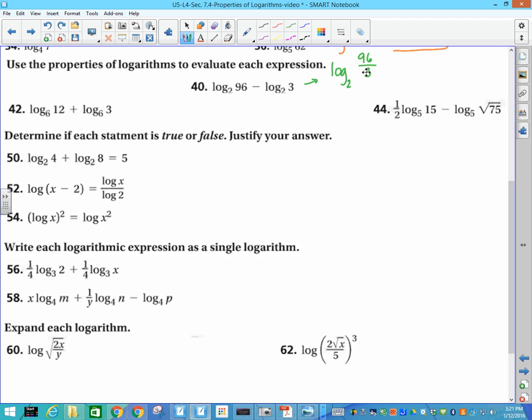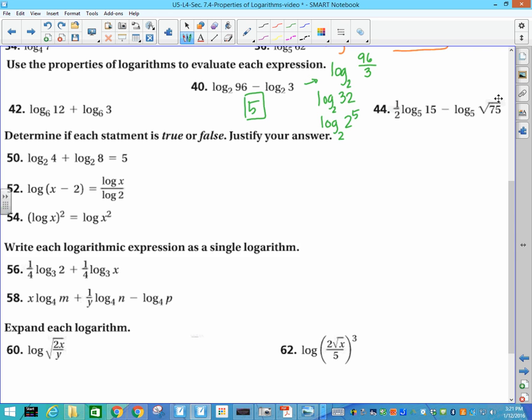And 96 divided by 3 is 32, so log base 2 of 32. And we've done log base 2. 32 is 2 to the 5th. And there's my White House. When these two numbers are the same, that odd man out is my answer, so that's going to be 5.